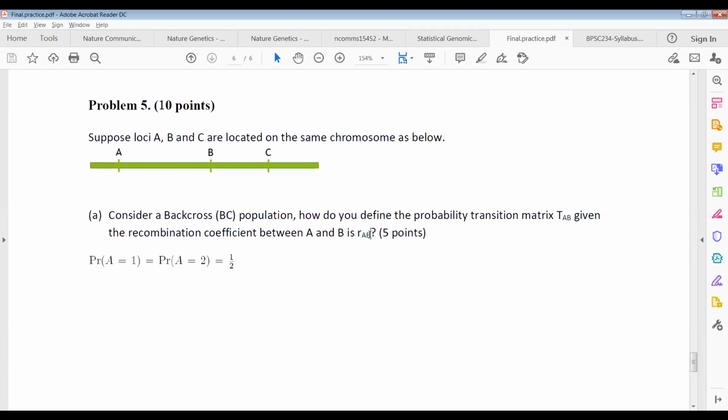If we already knew the genetic distance between A and B, then please use this R_AB to make a transition matrix, and that would be the final answer.